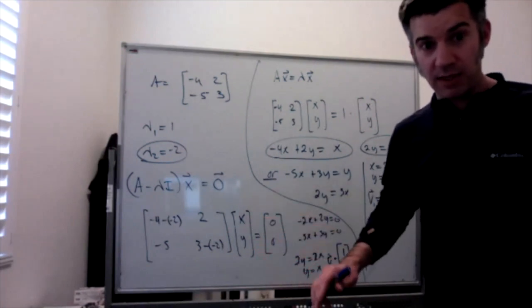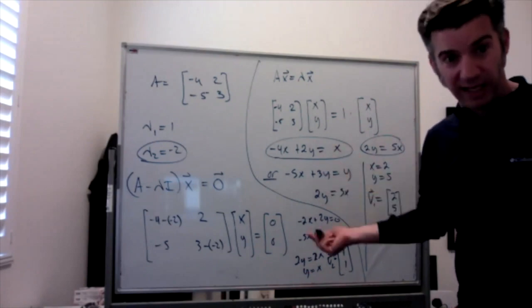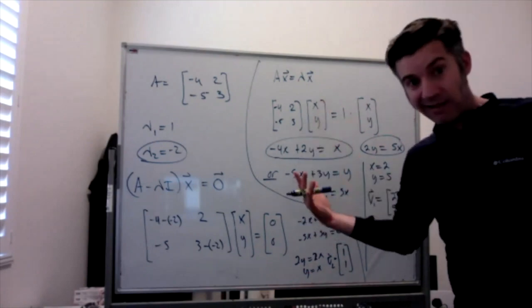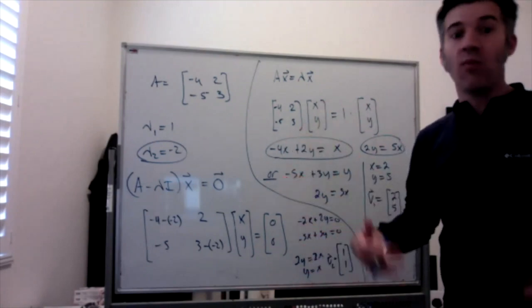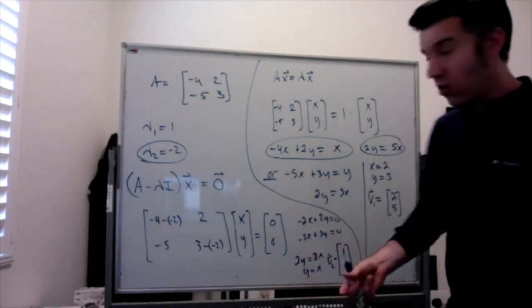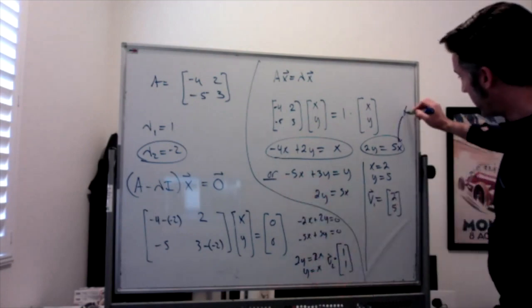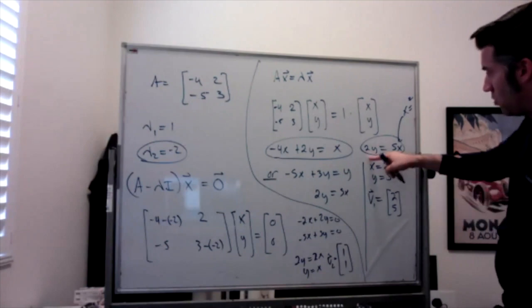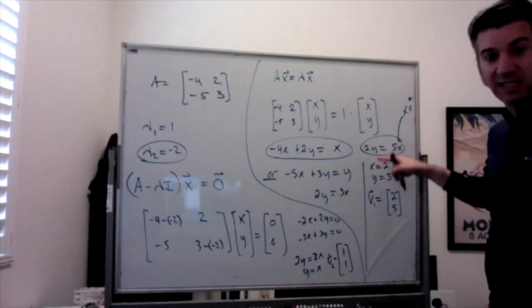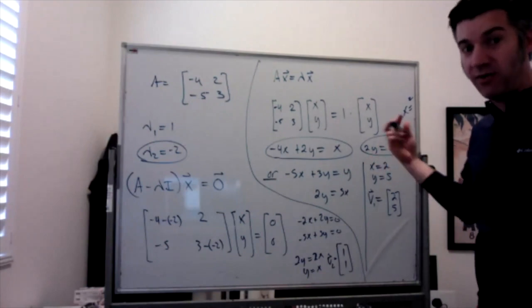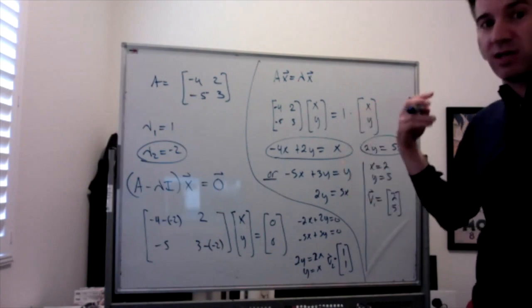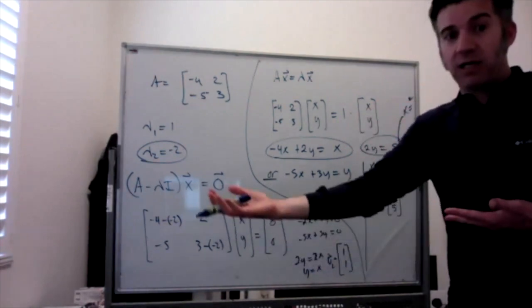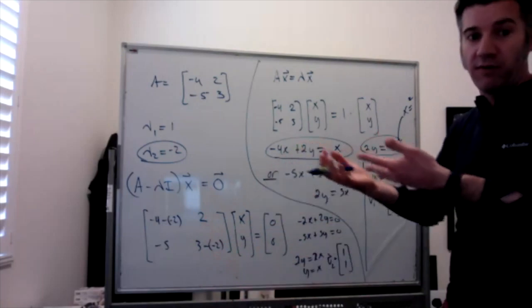What's always going to happen is you're going to get y equal to something with x in it. And then you have to say, I'm going to let x equal 1, and then y is going to be whatever y needs to be. Or I'm going to let x equal 2, so then 2y equals 10, and then y has to be 5. But you have to allow x to be some value so that you can also find the value for y.